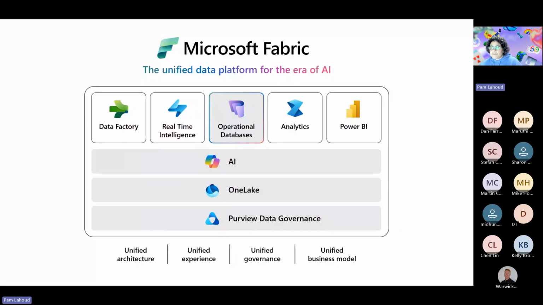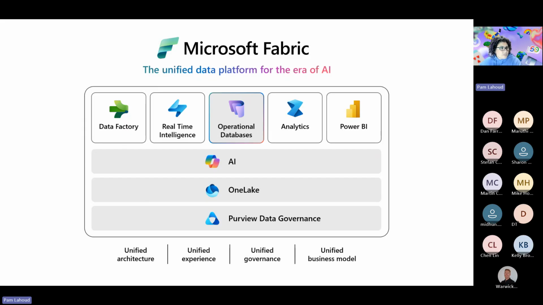Every kind of data you have and every kind of use for that data, we hope can be satisfied by Fabric. The idea behind Fabric is just like you have a OneDrive for all your documents with Microsoft Office, in Fabric, you have a OneLake for all of your data. So the idea of Fabric is everything is integrated, everything is simple and easy to use, and the work you have to do to get all of your data to work together should be minimal.